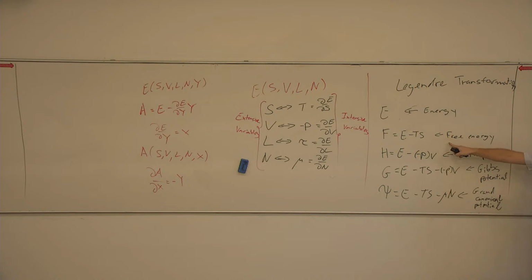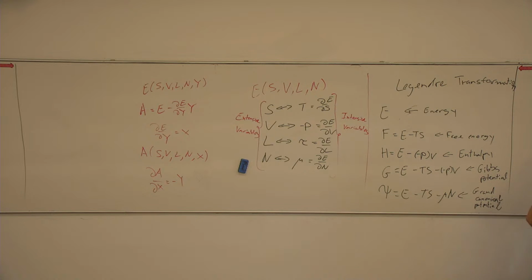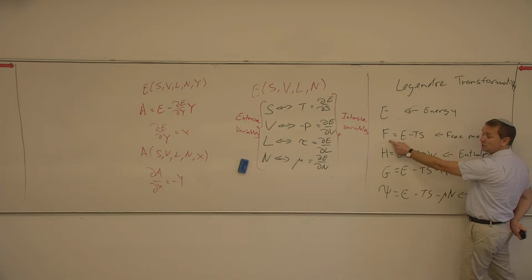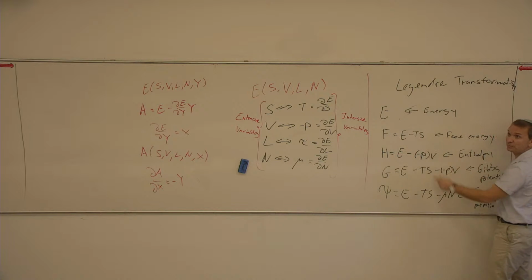the entropy is no longer a variable that describes your free energy. So what are we going to keep constant? Temperature. We are going to keep constant the new variable, the conjugated variable that is associated with the free energy. So the free energy is going to be at minimum with respect to everything else when the temperature is kept constant.